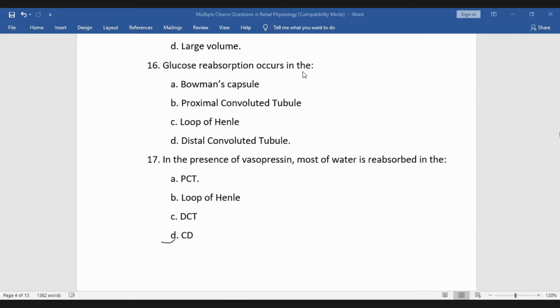If I remove that, water is reabsorbed in collecting ducts in the presence of vasopressin. Agreed. ADH is responsible for causing the reabsorption of water, nearly 7 to 10% of the water, in the later part of DCT and collecting ducts.